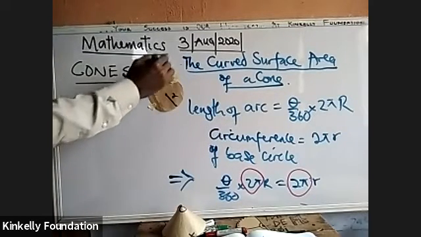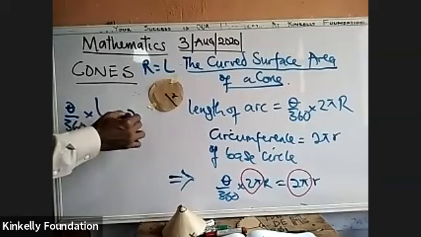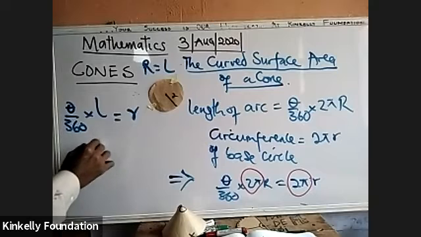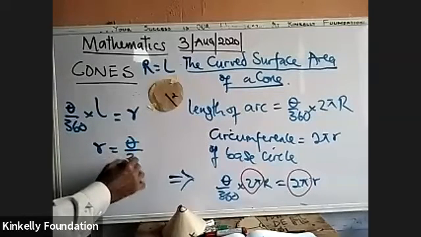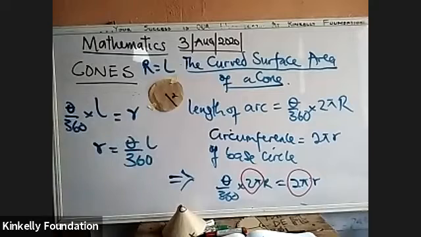Remember that R is the slant length, this small L. So we now have that small r is equal to theta over 360 times the length.